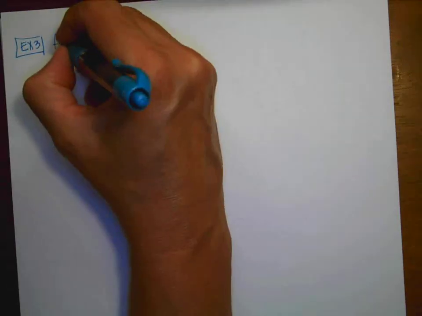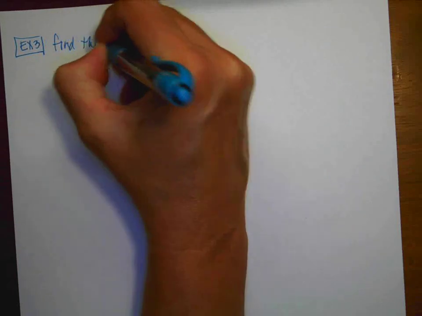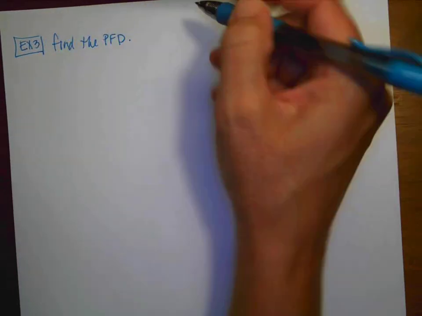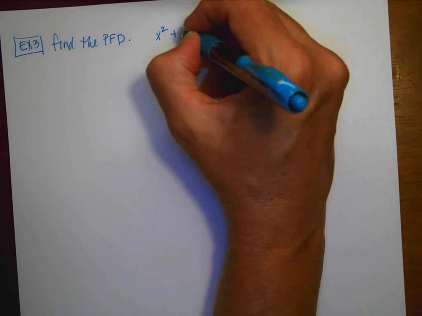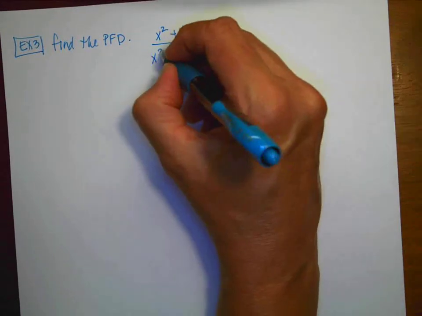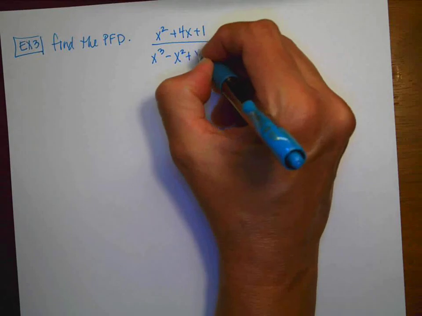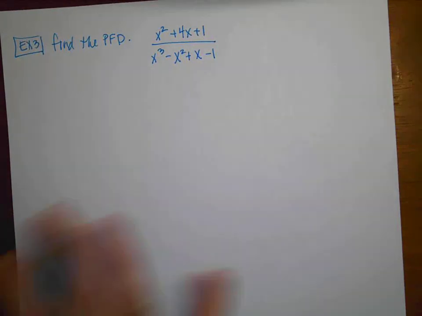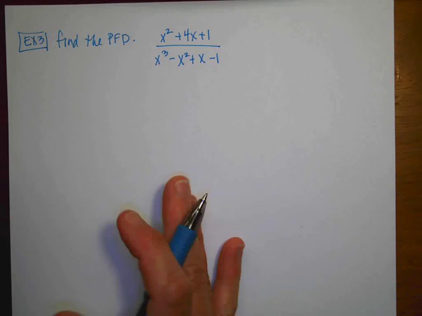All right, we have one more example to do because this one's a wee bit different. So for example 3, this is our last example, by the way. I'm going to have you find the partial fraction decomposition, and I have x squared plus 4x plus 1 over x cubed minus x squared plus x minus 1.